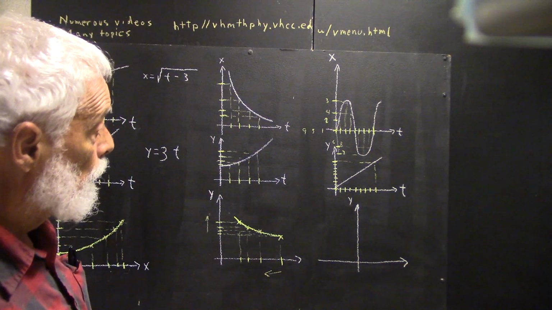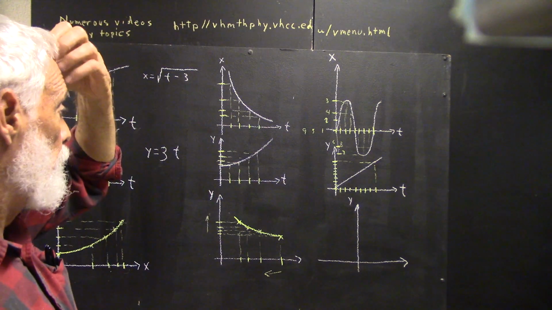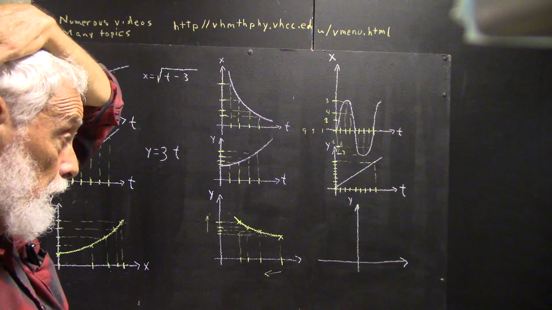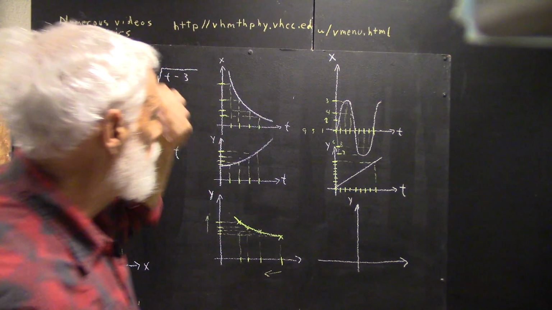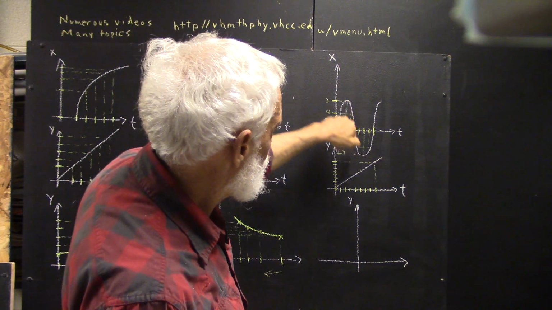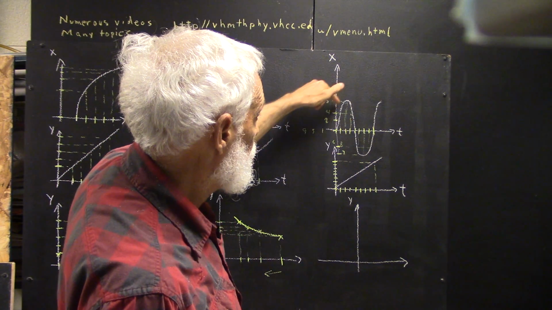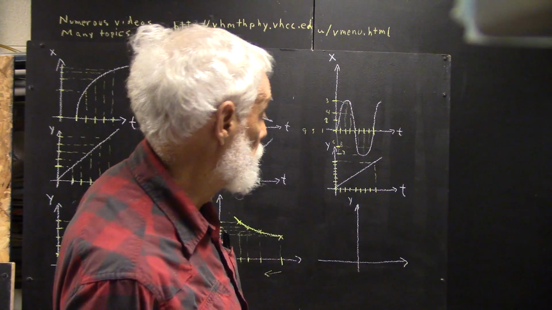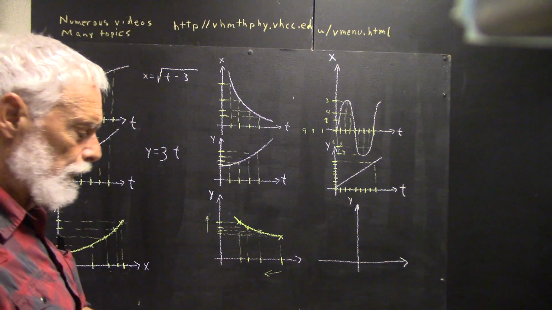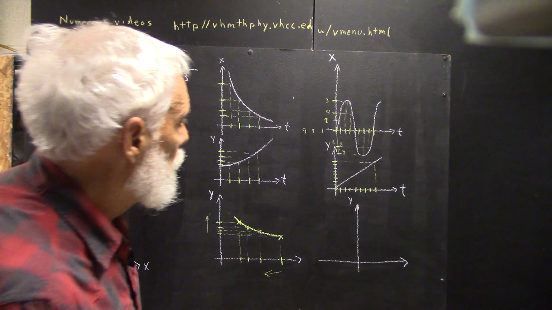Okay, now over here things are a little more complicated, and I kind of jammed the graphs together a little bit because these x values, first they're increasing, then they're decreasing, then they're increasing again. How's that going to affect the graph?